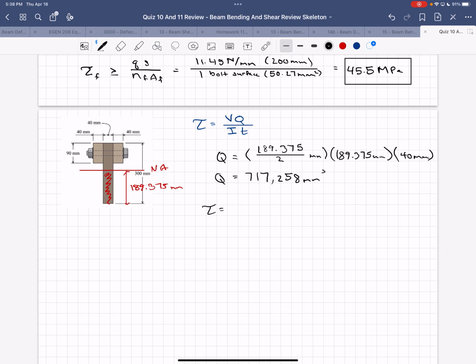Shear stress equals V, 7,000 newtons, times Q, 717,258 millimeters cubed, all divided by I, 144,472,500 millimeters to the fourth, times T. T equals 40.